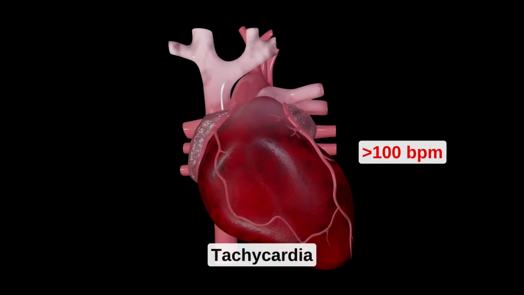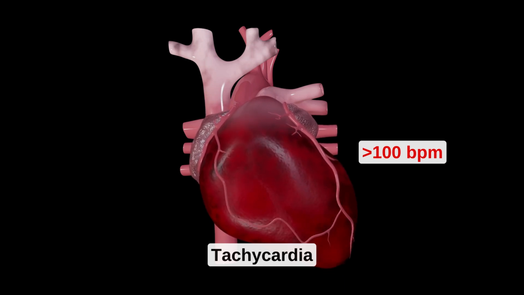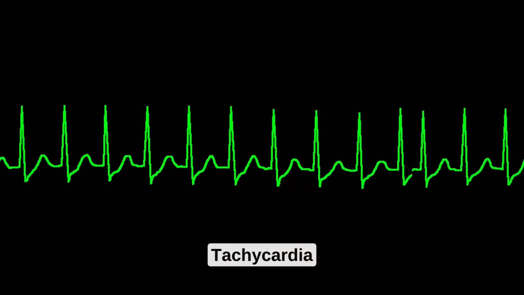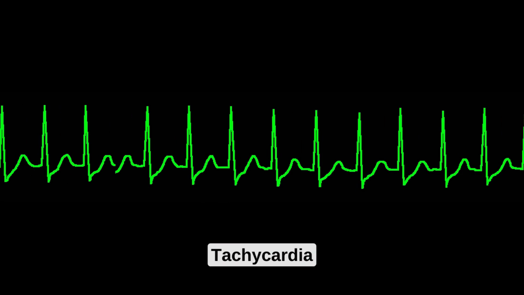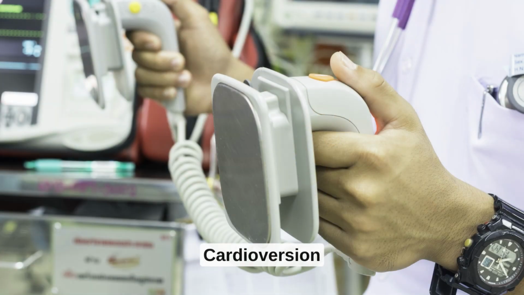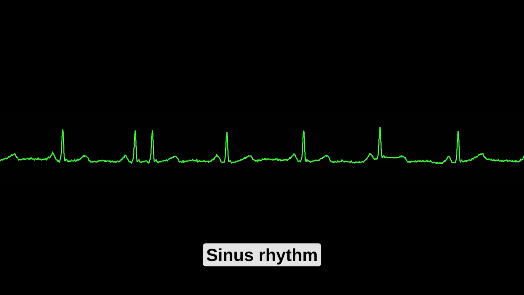So we're dealing with an atrial fibrillation that is in a tachycardia region, more than 100 beats per minute, and usually more than 120 beats per minute. And therefore we need to control the rate. So we need to reduce the rate with medications first. And if this does not help, then we actually need to consider cardioversion. And the cardioversion is actually an electric shock. And you will give this electric shock, and then the patient will get into sinus rhythm again.